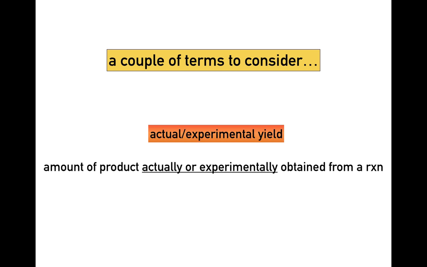In the real world though, you're not going to get 100% of all your atoms reacting in a particular reaction. You're only going to get some of them. So you're going to get what's called an actual or experimental yield, and this is obtained from the actual reaction, or obtained experimentally.